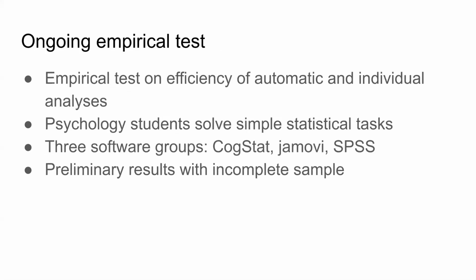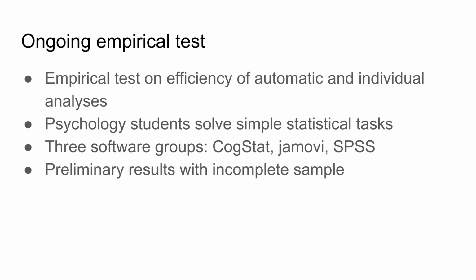We are also running an empirical study. This is happening right now, so we will do some measurements today as well. We want psychology students to do some statistical tasks like in a BA stats 101 statistics course, and we are measuring how many tasks they can solve in an hour and how precise they are and so on.